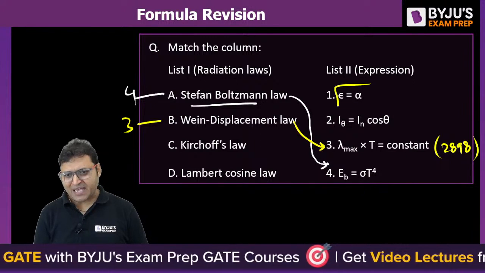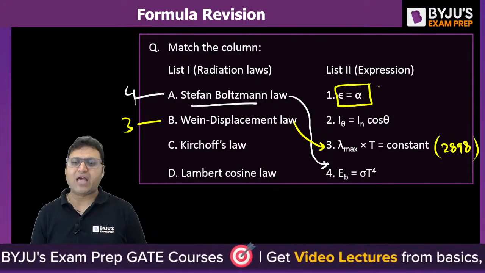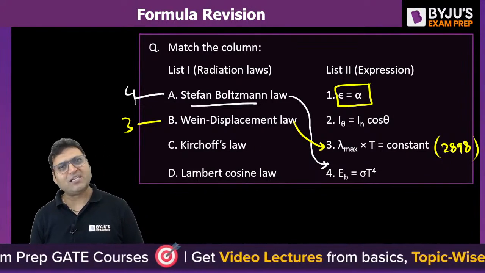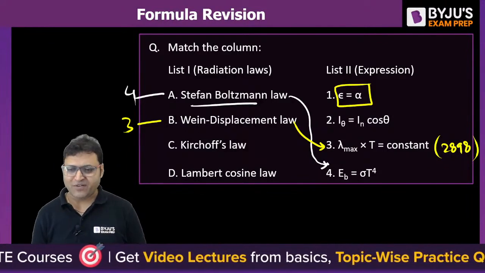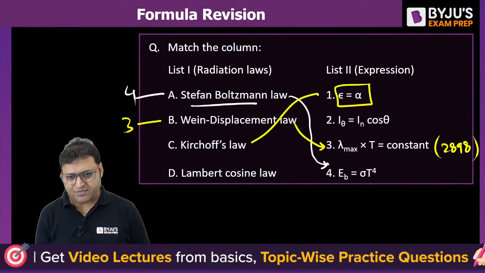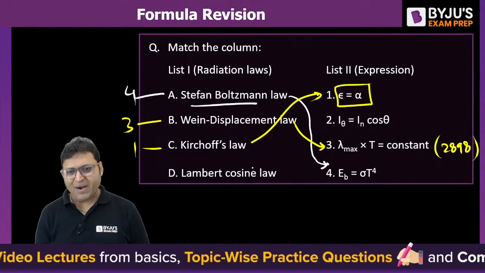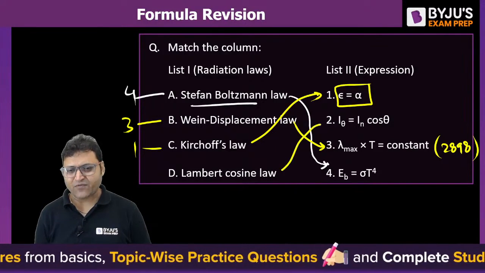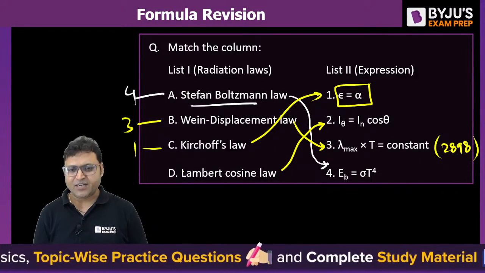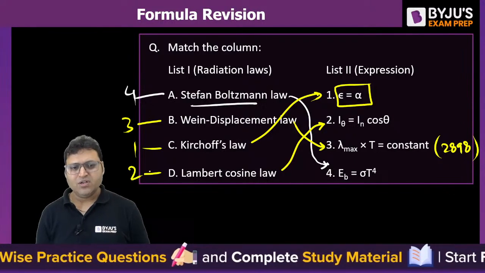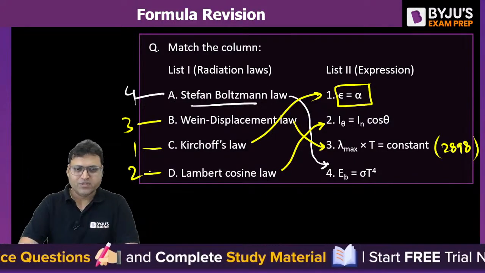Kirchhoff's law is epsilon equal to alpha, a good emitter is a good absorber. For a black body, emissivity is equal to 1 and absorptivity will also be equal to 1. So C1. And Lambert cosine law is about the intensity of radiation in any direction. It is given by I n cos theta, that is 2. So 4, 3, 1, 2 is the correct answer.